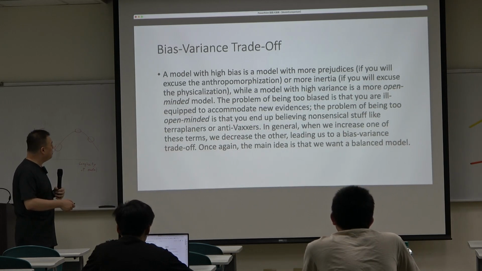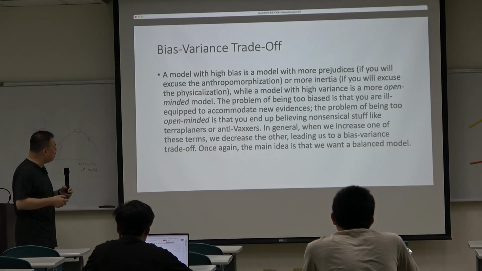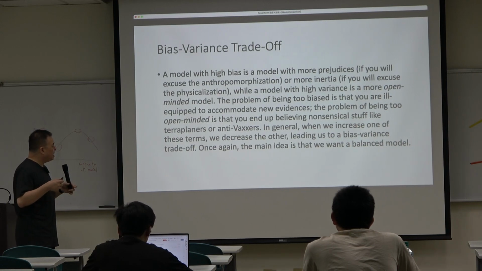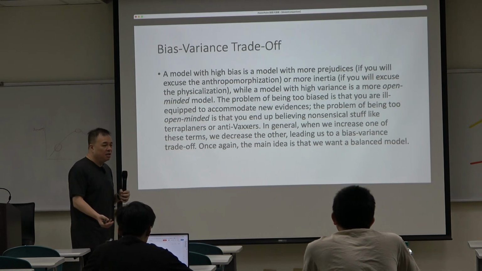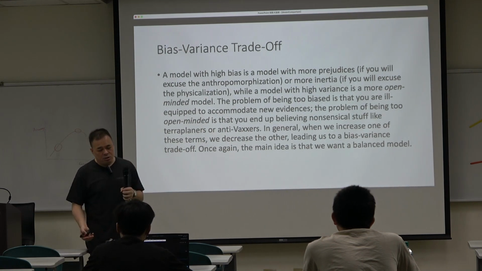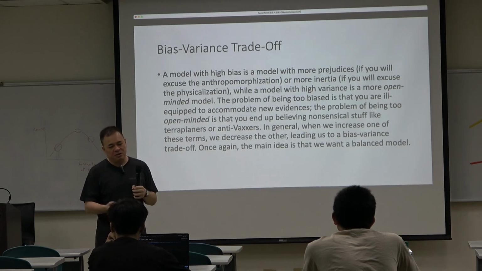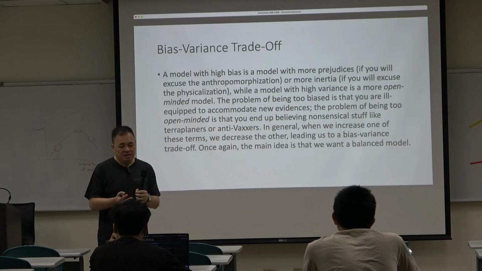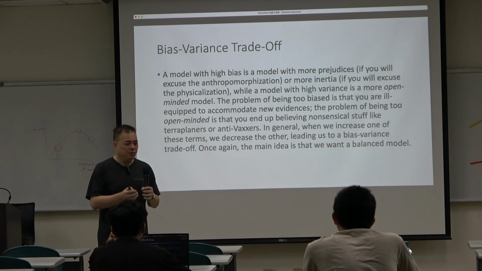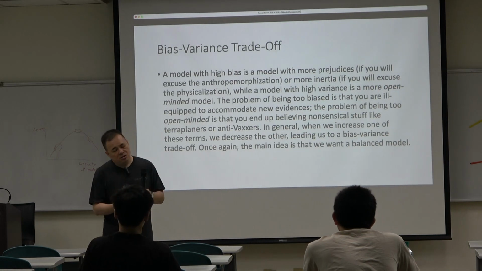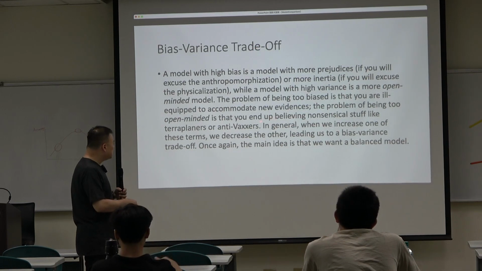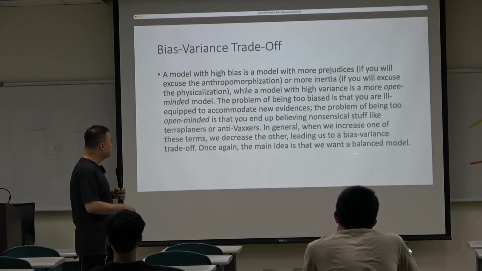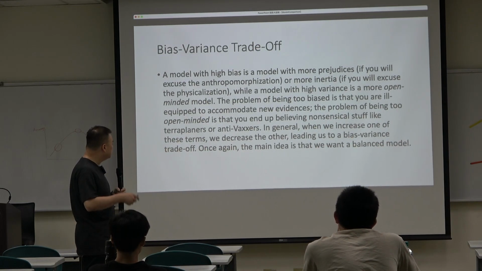But if the model is too open-minded, then you end up believing nonsensical stuff. Just like a person, a person cannot be too prejudiced or too open-minded. You have to be somewhere in the middle. Again, this is just to describe the bias-variance trade-off.